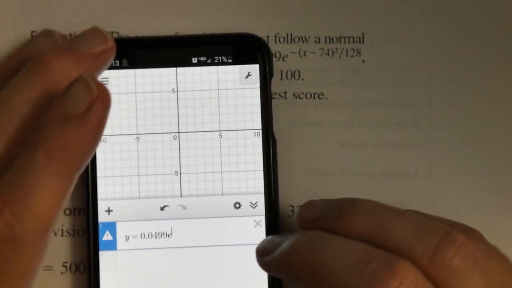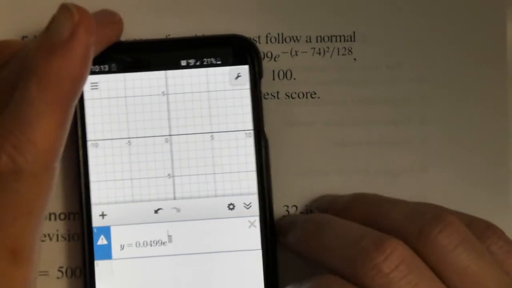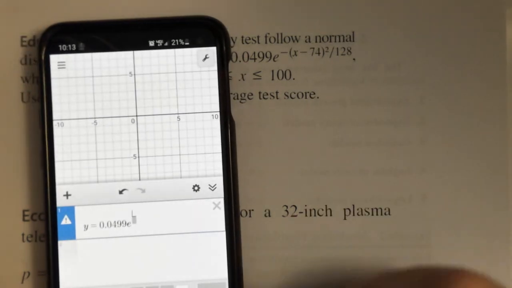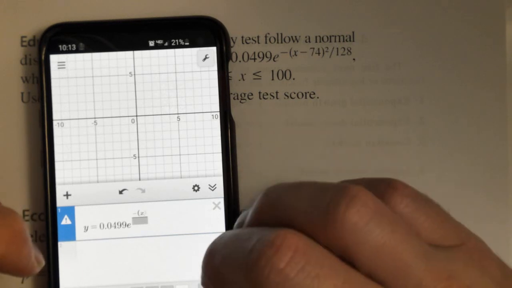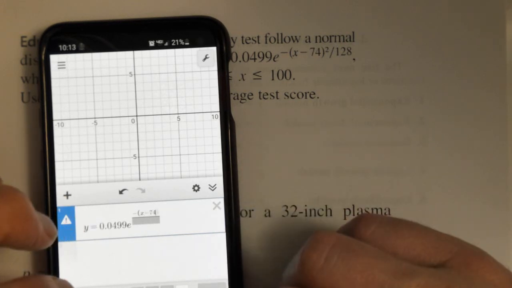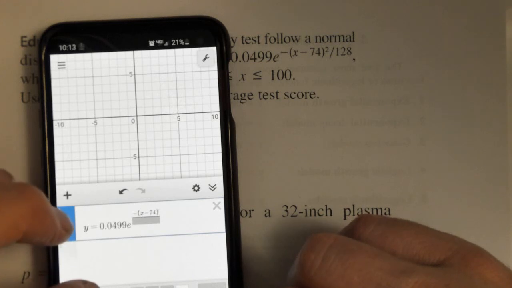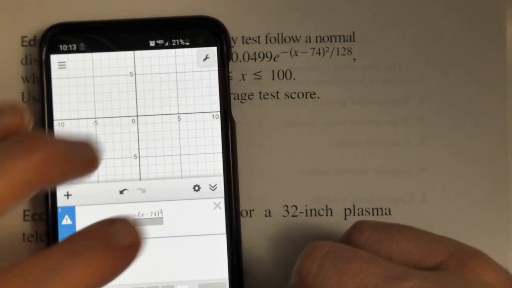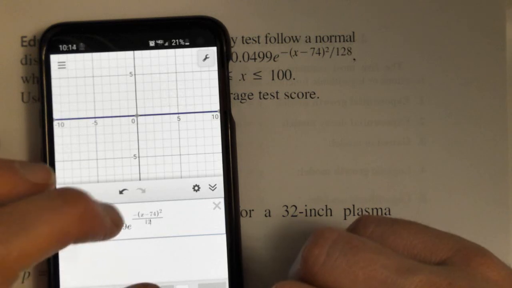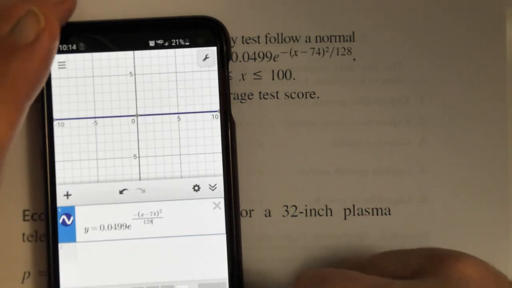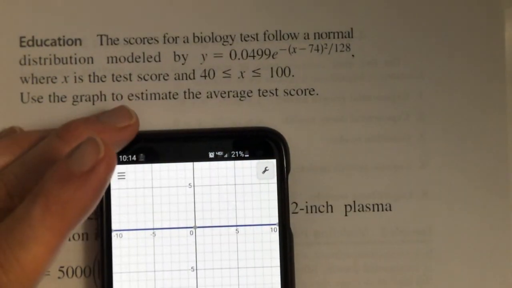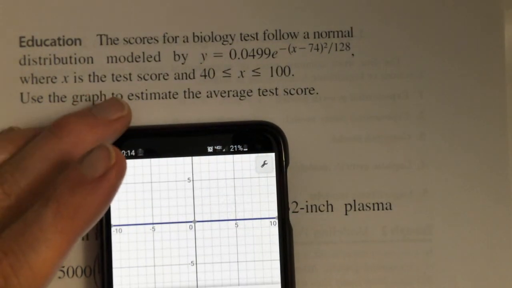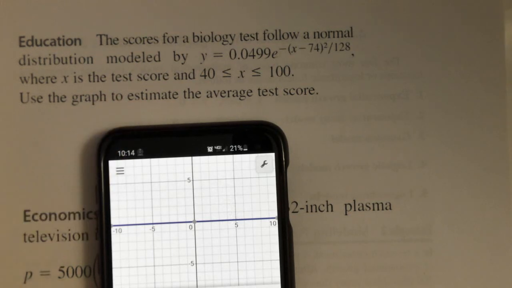Oops, I need a fraction, don't I? Go ahead and make that fractional power. And so it's going to be raised up to the negative open x minus 74. Close. Square that. And on the bottom is 128. And double check, make sure everything looks right. Believe it does. And then so there's my graph.